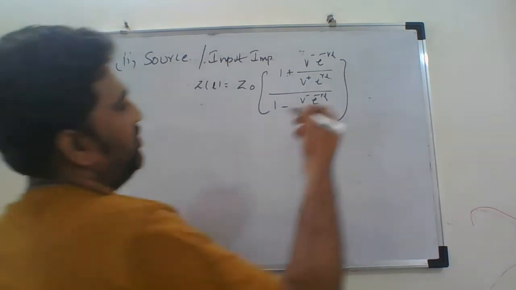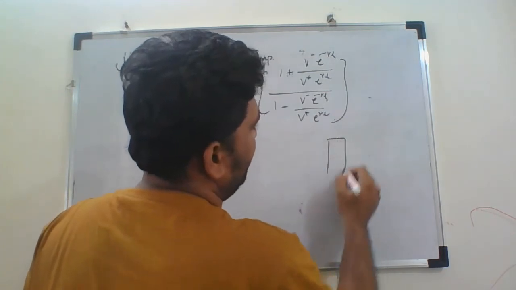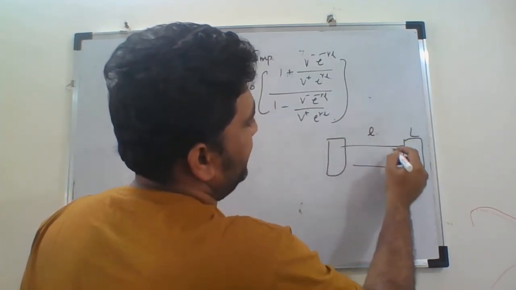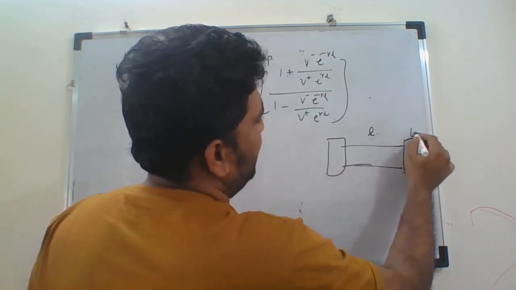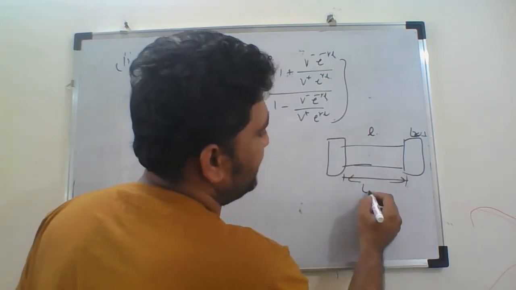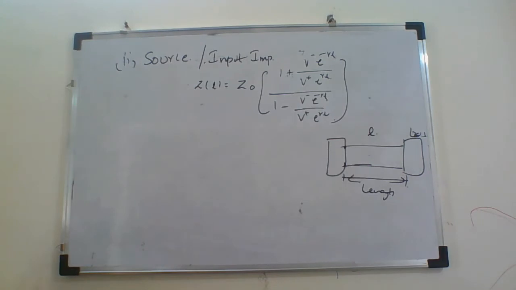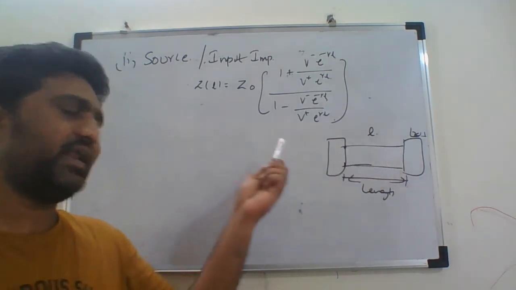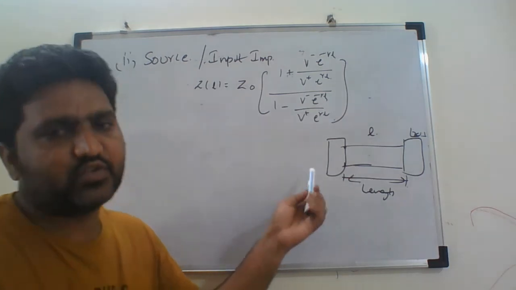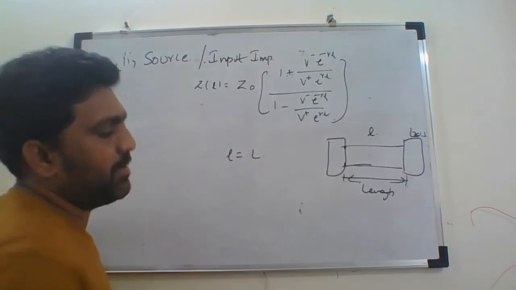Now, when I say source impedance or input impedance, I am calculating from the load point. If the small l is equal to the length of the transmission line, then I will reach the source point from the load. If I travel the entire length of the transmission line, I will get to the source point.